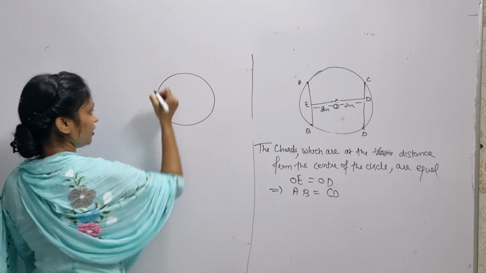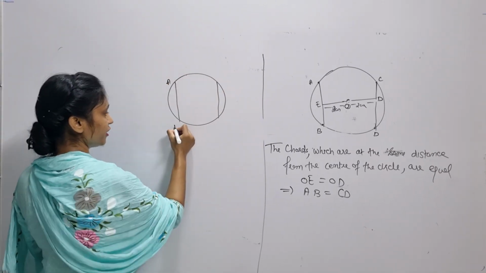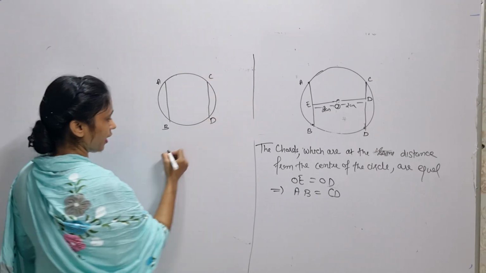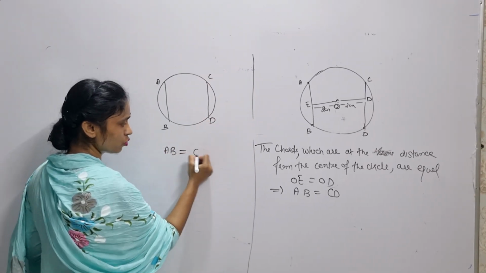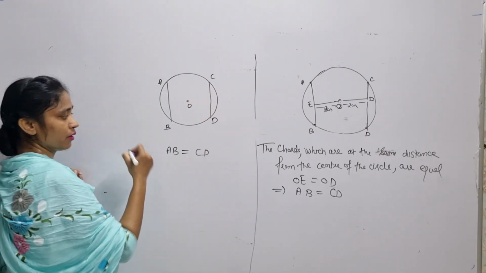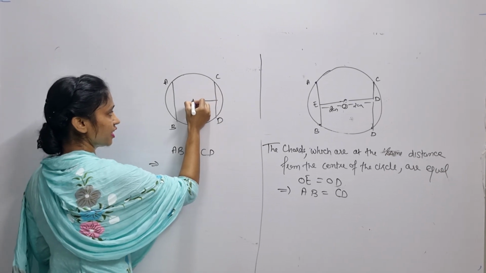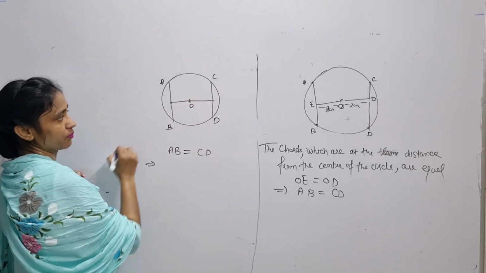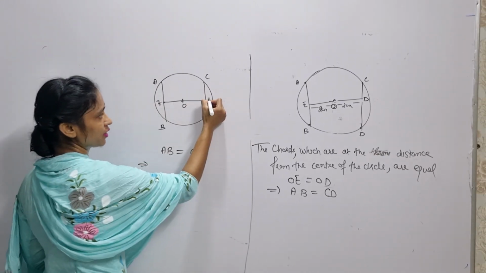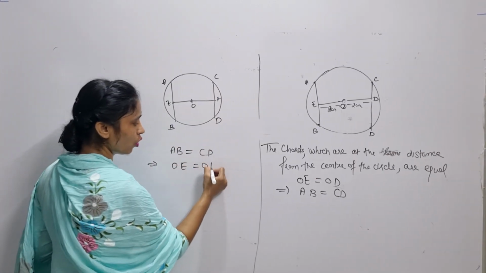If there is a circle whose two chords are equal, if it is given that AB is equal to CD, suppose here is center O, this implies that they will be at the same distance from the center. Suppose here is E, here is F. Then it implies that OE is equal to OF.